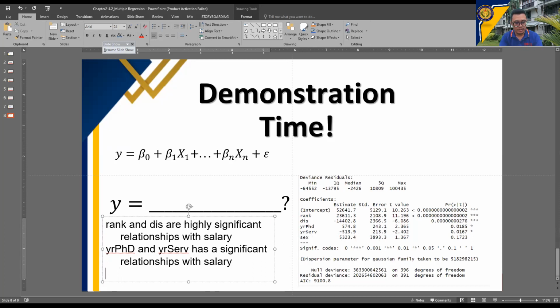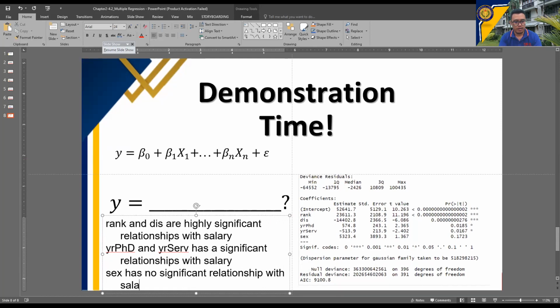While sex, looking into this data, has no significant relationship with salary. So all you get to do is to have an in-depth discussion on why salary has no significant relationship with sex, whereas the others do.